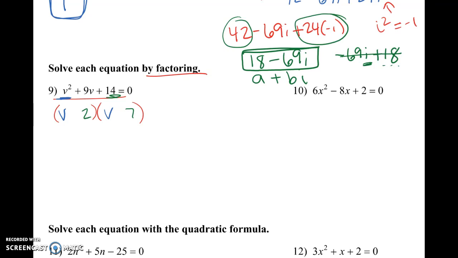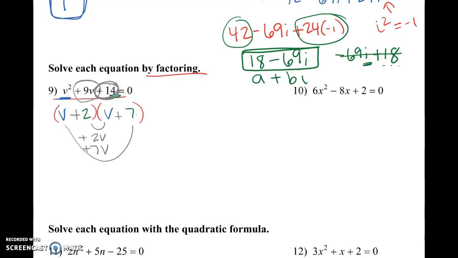And in order to get that middle term, I would multiply these, and I would get 2v and 7v, and how is that going to get me 9? Well, if I add both of them, I will get 9. When we check our factoring, I always say to check our signs. Does positive 2 times positive 7 actually multiply to give me this positive 14?